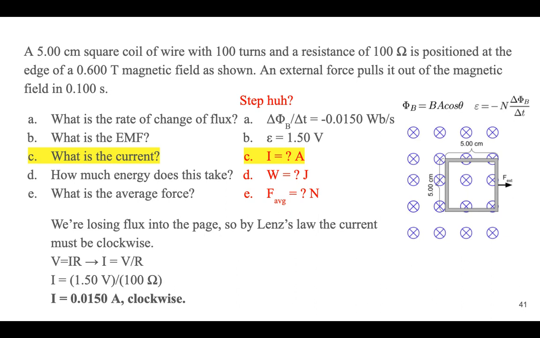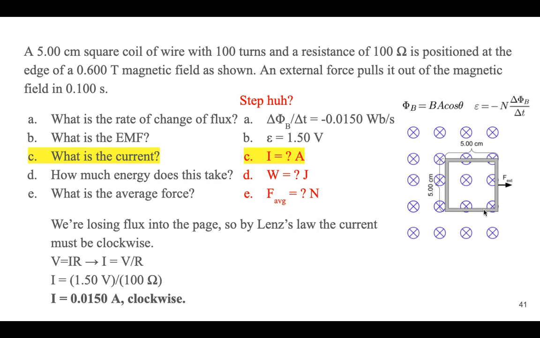So think about what's happening here. Before this thing starts moving, or even while this thing is moving, you have magnetic flux going into the page because the magnetic field is into the page and the area is perpendicular to it. As this thing starts to leave this magnetic field, you're losing flux into the page. So that means the induced current must be creating more magnetic field into the page.